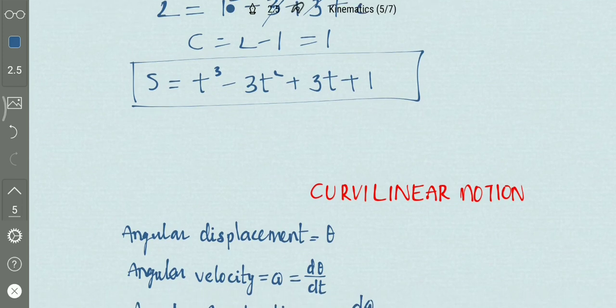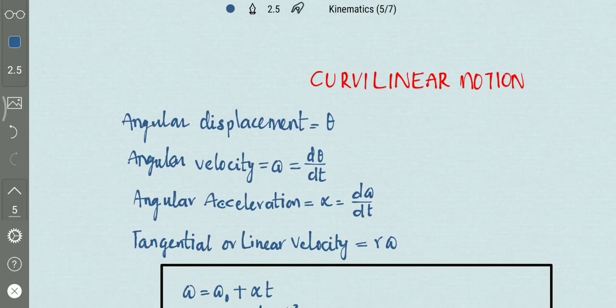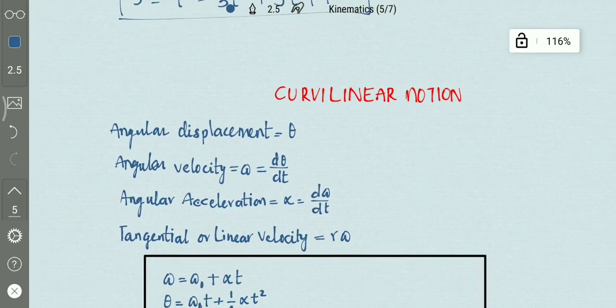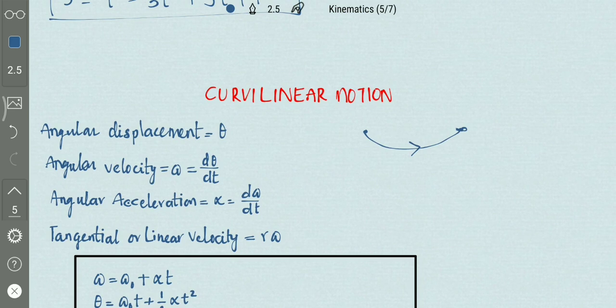Until now we have seen linear motion, right? In curvilinear motion, the body travels in a curve. This is called curvilinear motion. Suppose it travels from here to here, and this is theta.